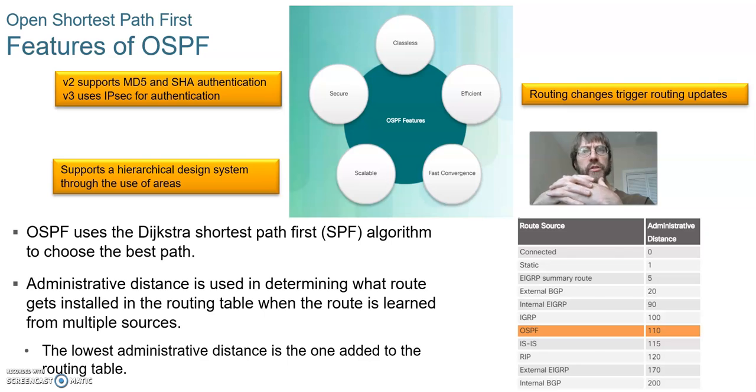Now, the administrative distance, as we well know, is the trustworthiness of a given source of routing information. The metric is the usefulness of the route. The administrative distance is the trustworthiness of the source of the information. OSPF is scalable, which is to say it supports a hierarchical design through the use of areas.